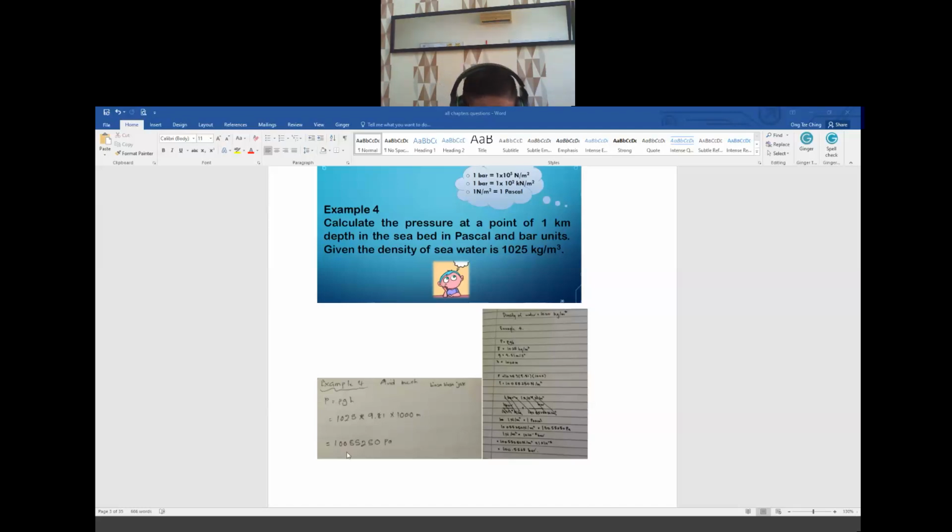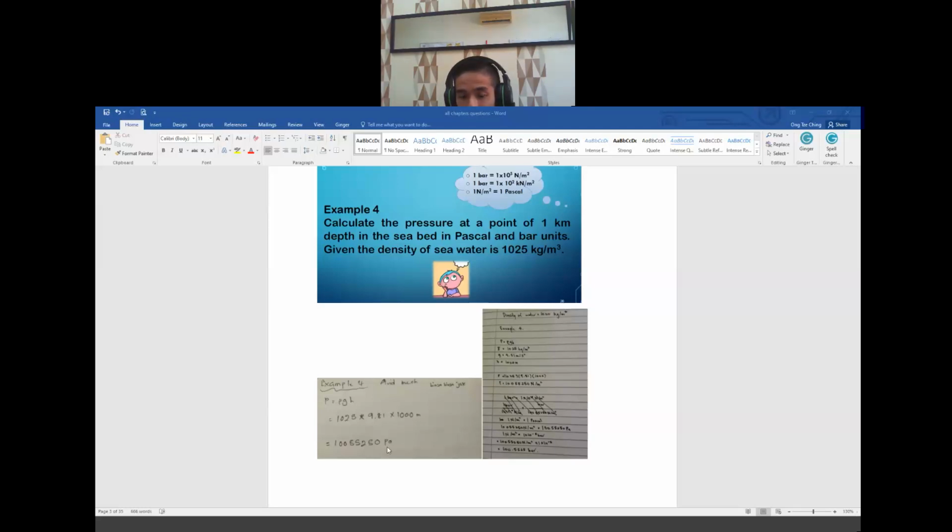So it will give you the answer of 10 million plus, right? So for this one also, for Ahmad Abdul Hakim also, same solutions, just the units. This one is correct, right? 10 million also. So Newton over meter square, and then this one Pascal.